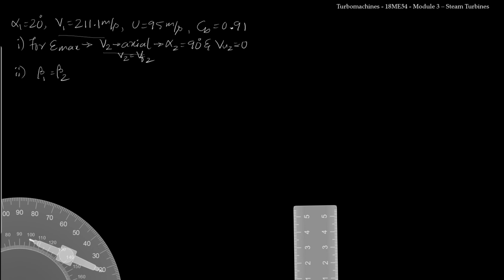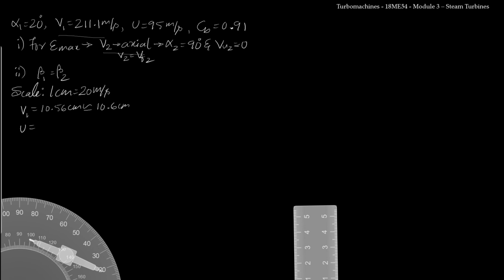So by looking at the value of V1, I will take the scale. 1 centimeter is equal to 20 meter per second. If I take this scale, then the length of V1 will be equal to 10.56 centimeter, or approximately equal to 10.6 centimeter, because we cannot measure 0.56.